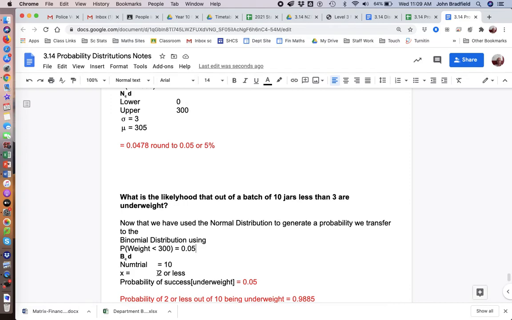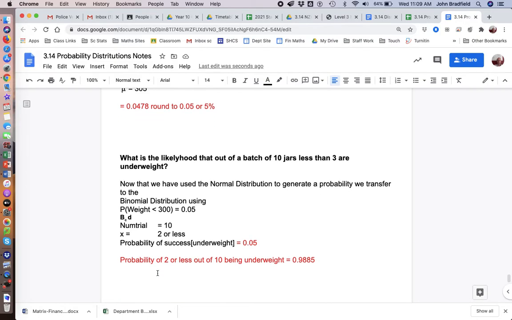The probability of success, which is really failure, the probability of being underweight, is 0.05. And so we go, and again, that's a calculated job, and we've got 0.09885.